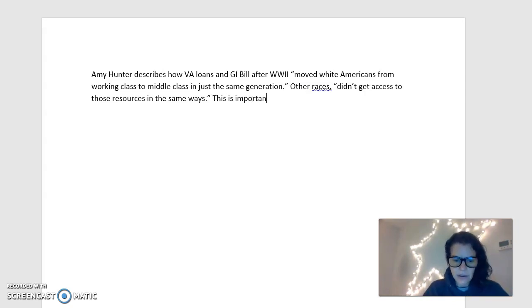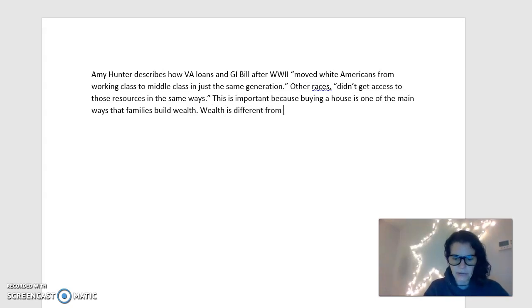This is important because buying a house is one of the main ways that families build wealth. Wealth is different from just having money. Wealth is when you have something to pass on to your children.